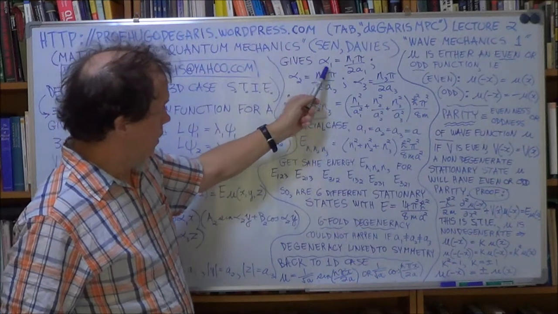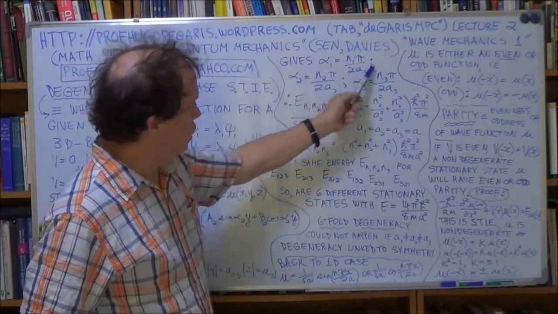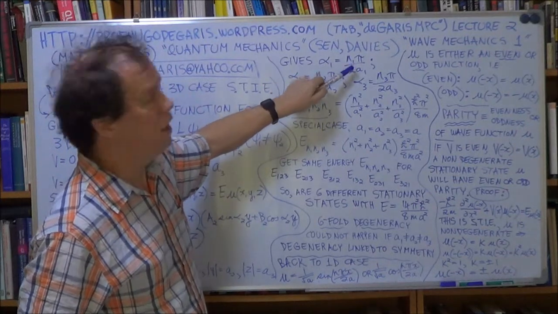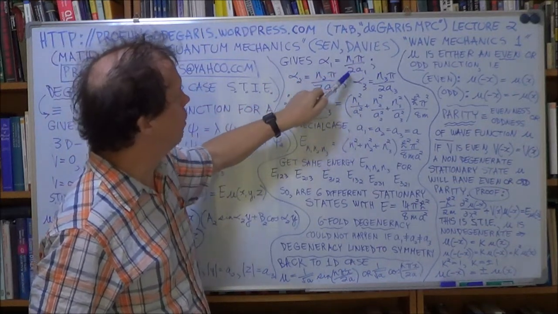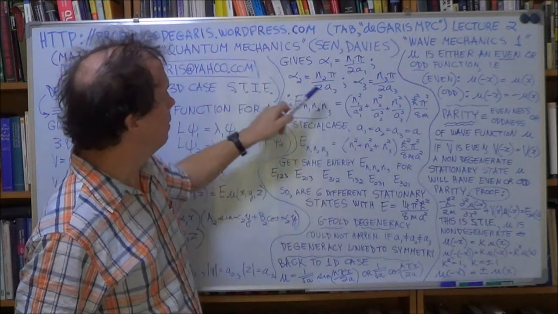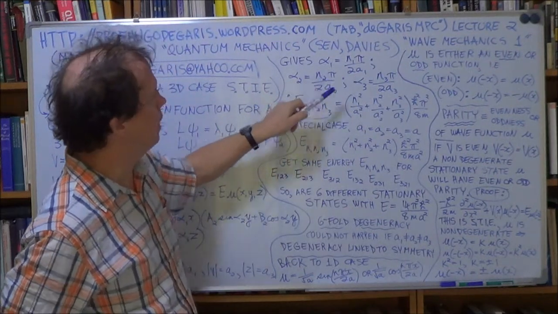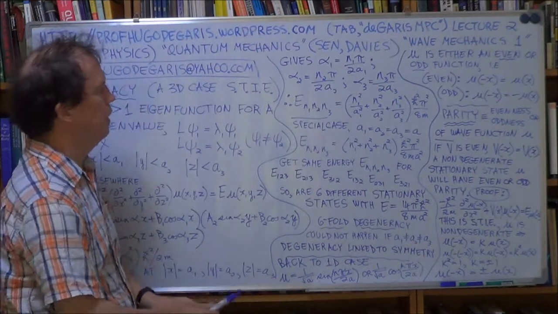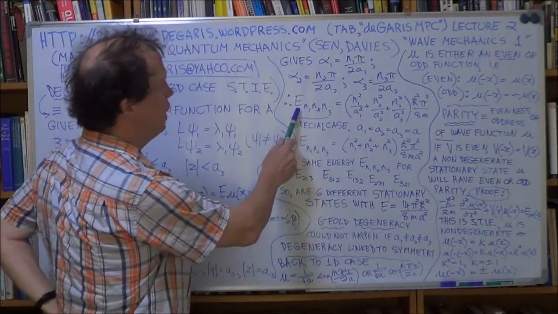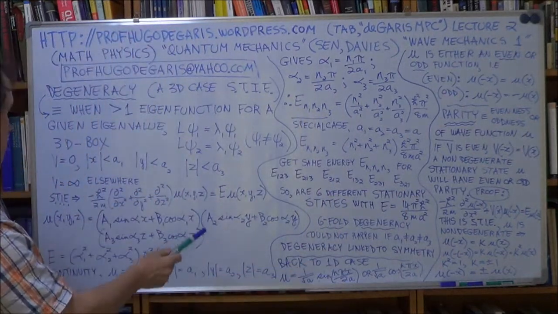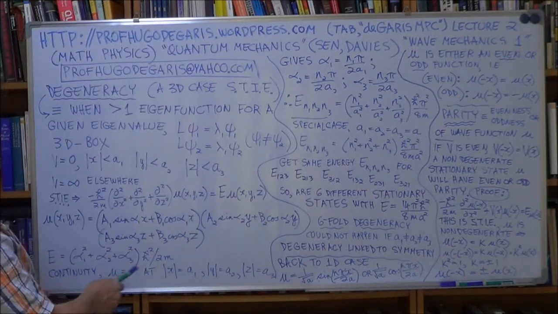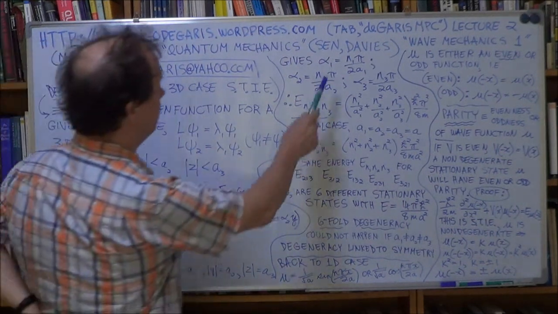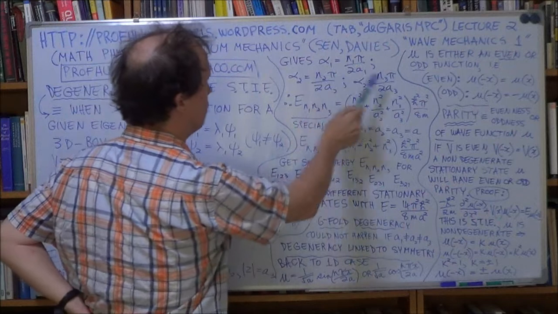And you get this condition: alpha 1 is equal to some integer n1 times pi over 2a1, and similarly n2 times pi over 2a2, and so on, for the 3 cases. And hence the energy E will be, now that we know these alphas, we've got values for these 3 values.